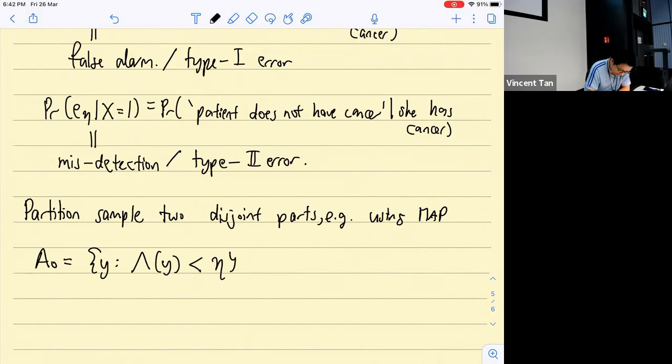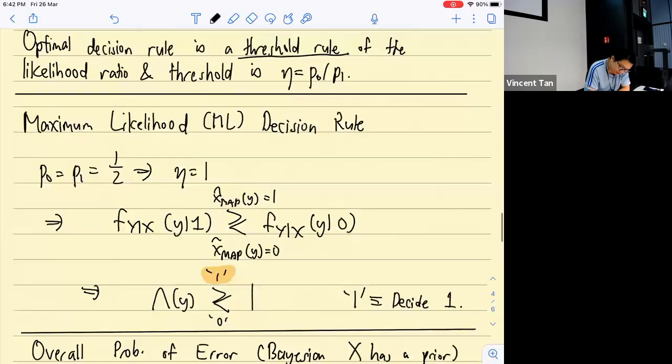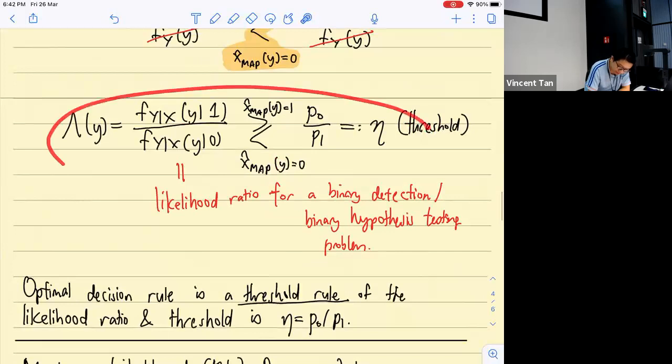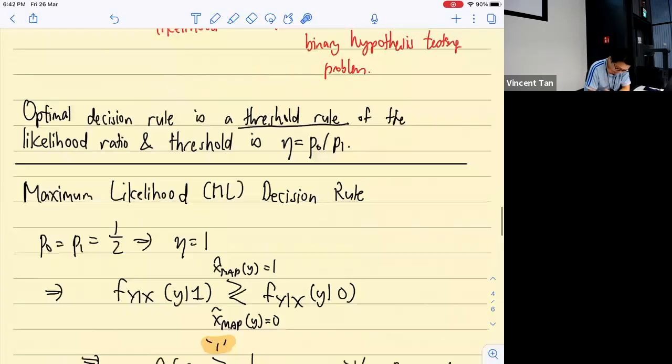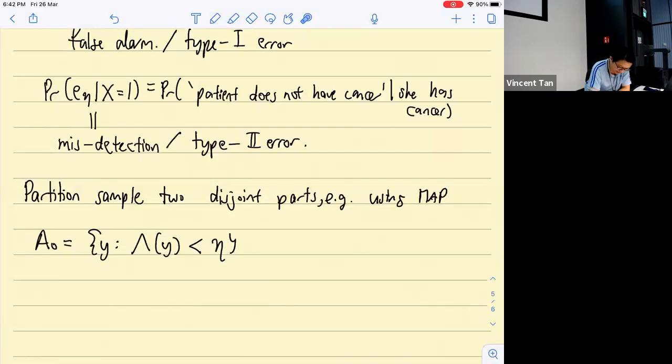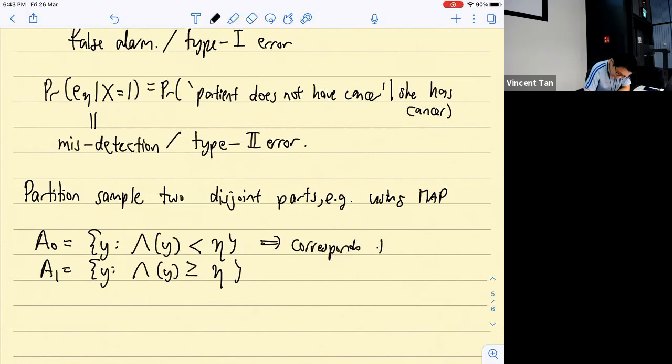In this case, do I declare 1 or 0? Using the MAP rule, if I'm less than eta, I declare 0. That's why this is the 0 region. A0 is the 0 region, and A1 is of course the complement, where lambda of y is bigger than or equal to eta. This corresponds to making the MAP decision equal to 0, and this corresponds to making the MAP decision equal to 1.